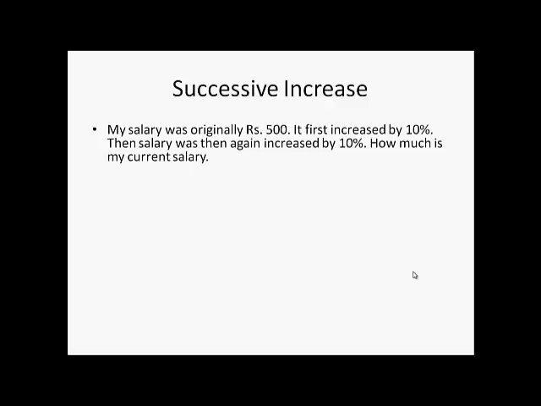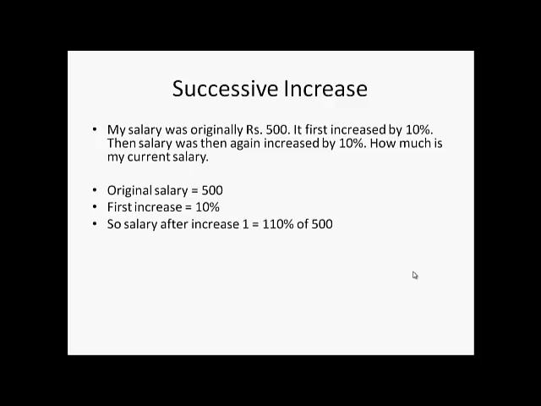Well, using the regular methods, if my original salary is 500 and the first increase is of 10%, then my salary after the first increase is 110% of 500, which using the principle of multiplication factors we get as 1.1 into 500, which is 550. Now my salary is rupees 550.